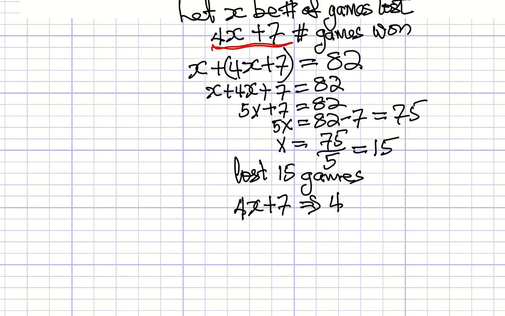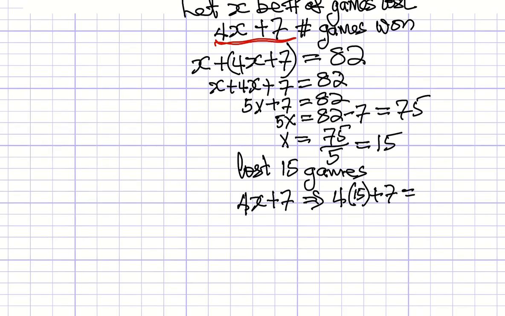That would be 4 times 15 plus 7. If you put that in there, you get 60 plus 7. That would be 67, okay?